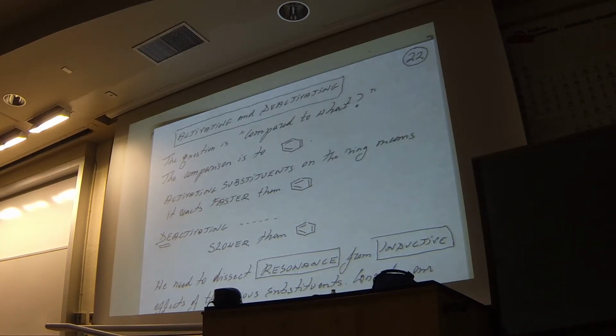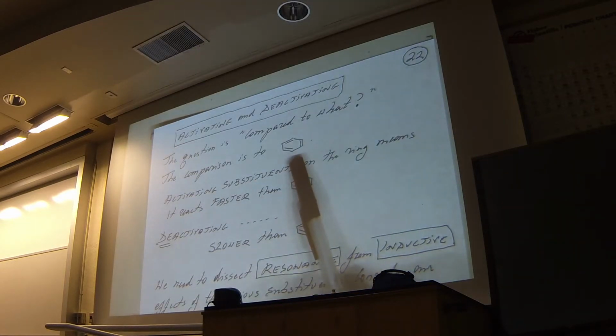When we say activating, or deactivating, or faster, or slower, the question you always want to ask is: faster compared to what? Deactivating compared to what? Activating compared to what? So what's the point of comparison? Here, the comparison point is always going to be benzene, no substitution. So when we say that methoxy groups, or methyl groups, or electron donating groups are activating, it is activating compared to benzene.